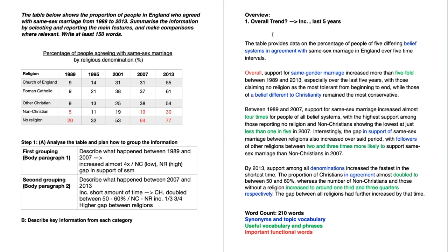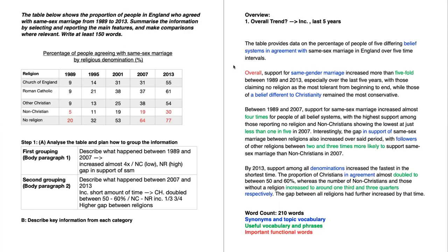I'm going to start with our introduction paragraph because remember, this was the paraphrased paragraph. So we see the table provides instead of shows the proportion. I said provides data on and the percentage of people of 5 differing belief systems. Here, this says people in England.